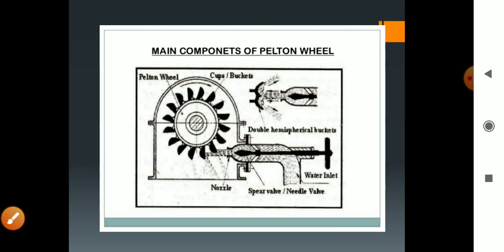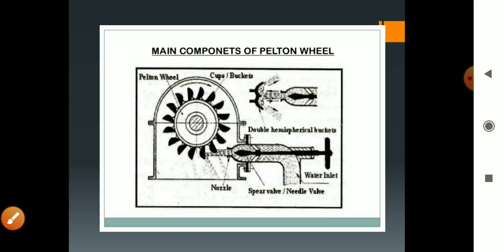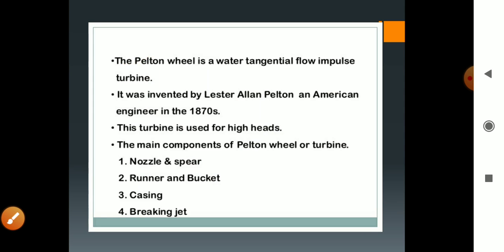There is a spear and needle valve, and a nozzle which strikes the water with its kinetic energy on the vanes fitted on the runner. So this is the diagram of the main components.